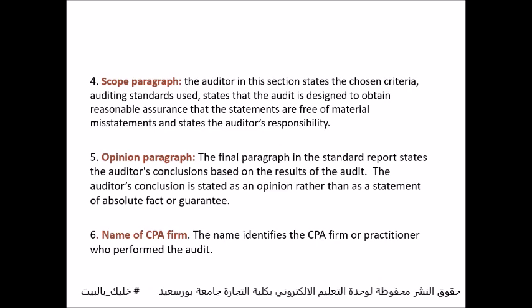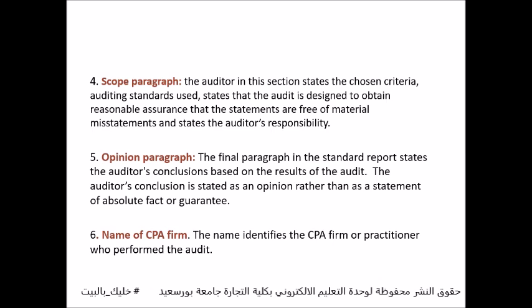Number 4. Scope paragraph. The auditor in this section states the choosing criteria, the auditing standards used, and states that the audit is designed to obtain reasonable assurance that the statements are free of material misstatements, and states the auditor's responsibility.